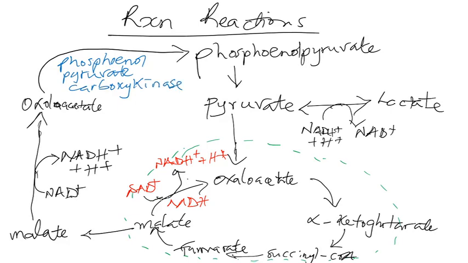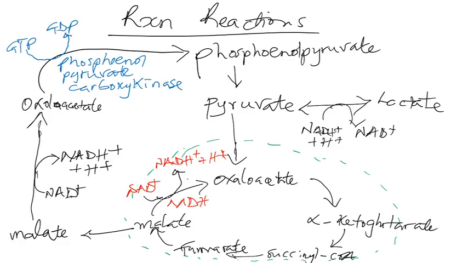So it converts the oxaloacetate into phosphoenolpyruvate. Within this step, there is a utilization of one GTP molecule as a source of energy. So we form GDP.